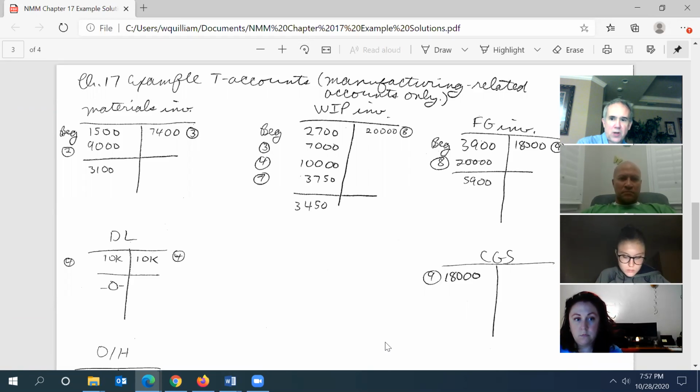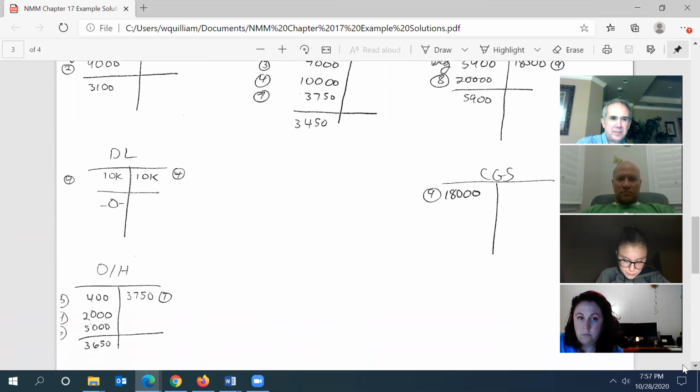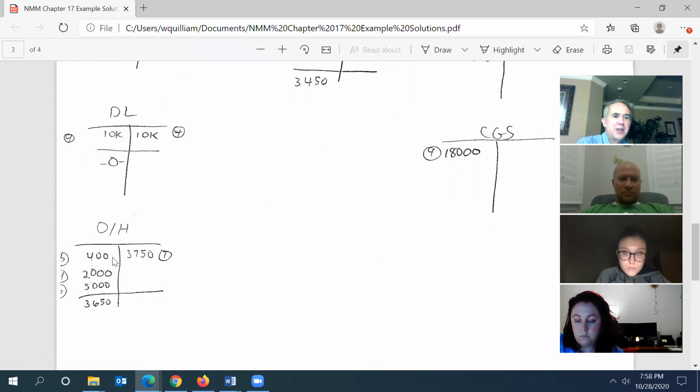Then down here with overhead, I debited $400 of indirect materials or manufacturing supplies to overhead. These debits will be various overhead expenditures, as you'll see. Again, you've got a PDF of this in the files on Canvas.